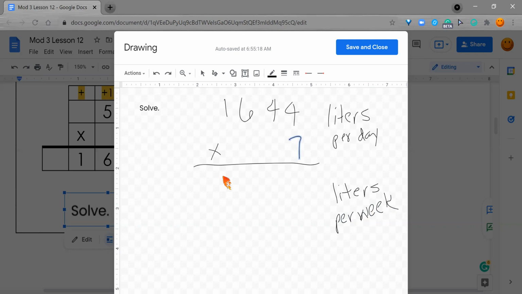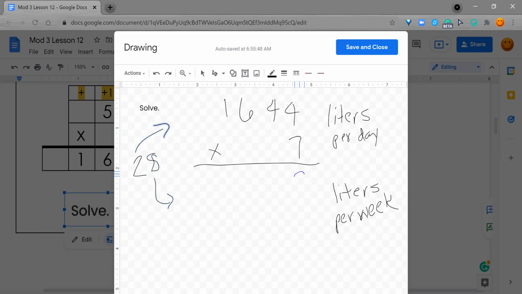So now I'm going to start off with my 7, and all I did was write my problem vertically. So I'm making sure everything's lining up nice and straight, even though I'm in my scribble. I'm going to do 7 times 4, which is 28, and then 28, I'm going to write it on this side, you guys. My 8 goes down and my 2 goes up.